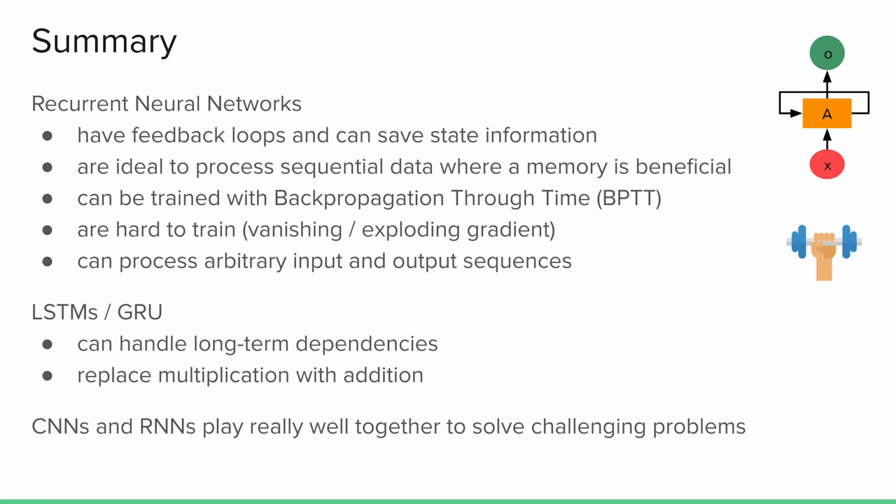And basically what they do is replace the multiplication with an addition, and therefore allow us to also process longer sequences, where you have a relationship between a word that appears at the beginning of the sentence and at the end.